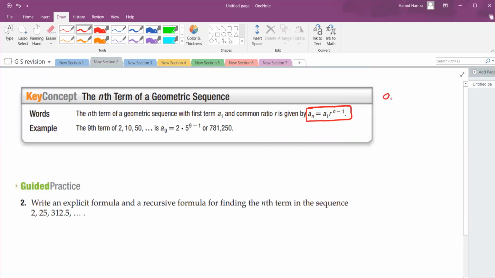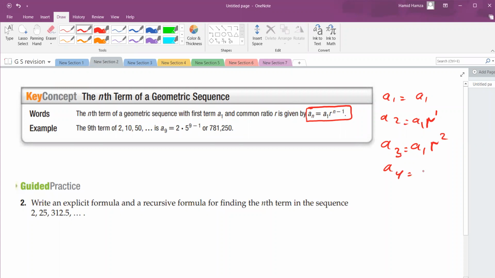For example, a1 is just a1. But after that, a2 will be a1 r to the power 1, and a3 will be a1 r to the power 2.